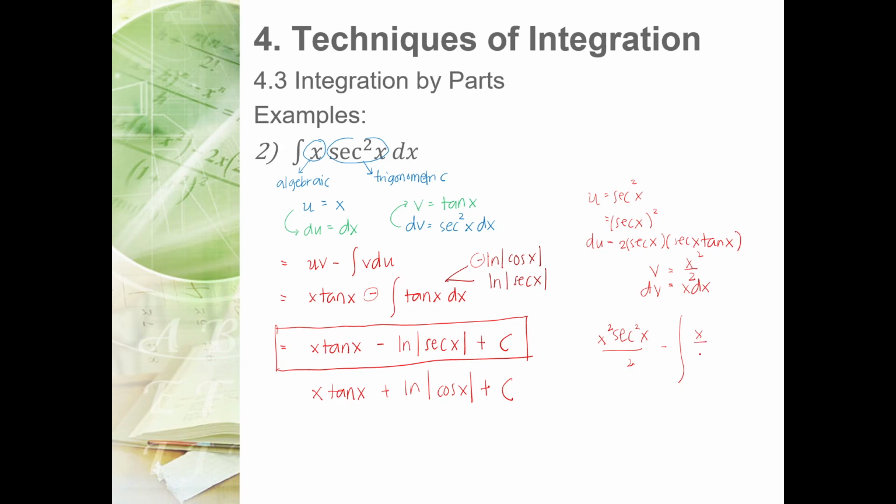So notice that if you look at your new equation, if you reverse the dv and the u, you have a big problem, diba? Look: 2 times secant x times secant x tangent x. This version is rather complicated.